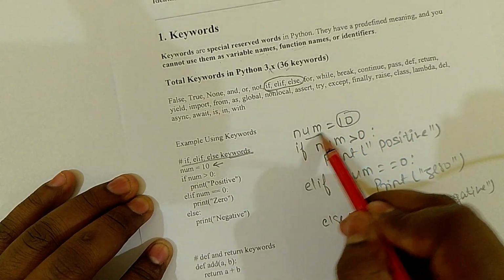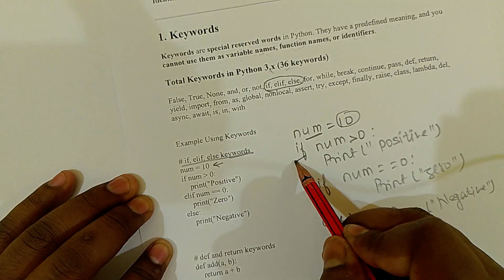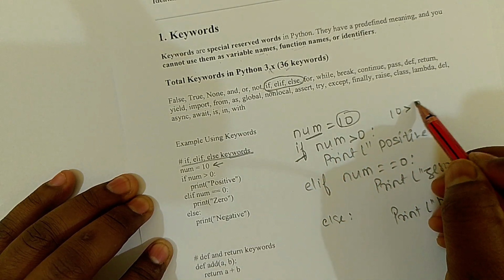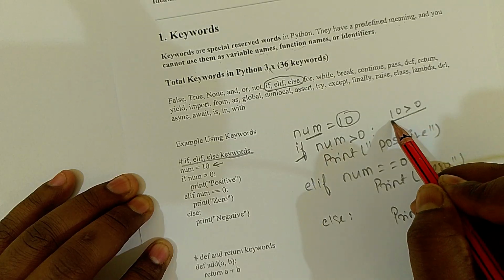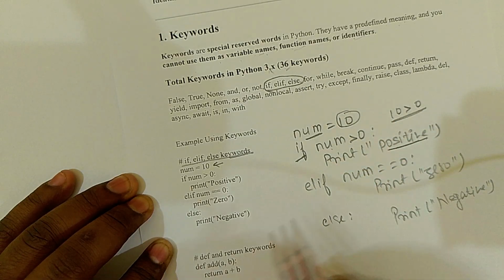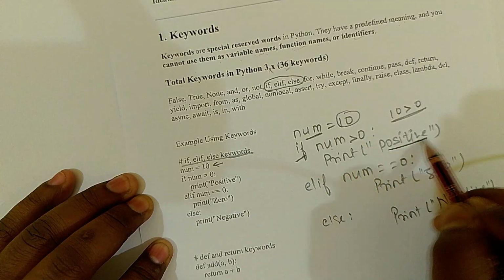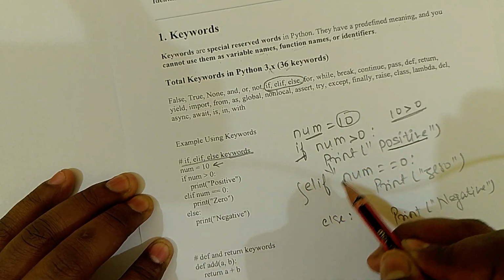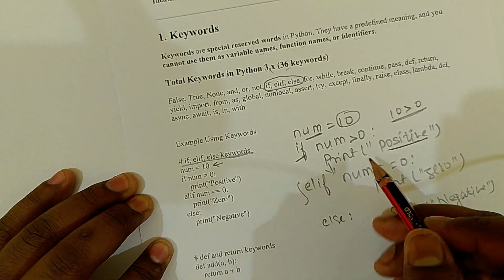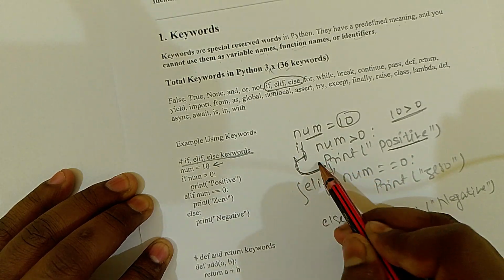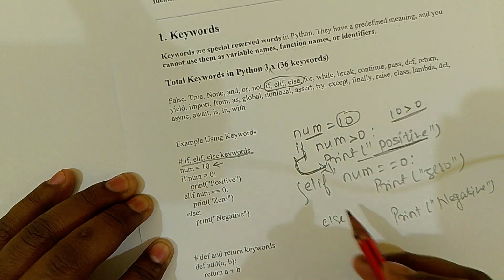If is a condition: if num, which is 10, is greater than 0, yes, then positive will be printed. No other part of the program will run after this; the execution stops here and prints this one.